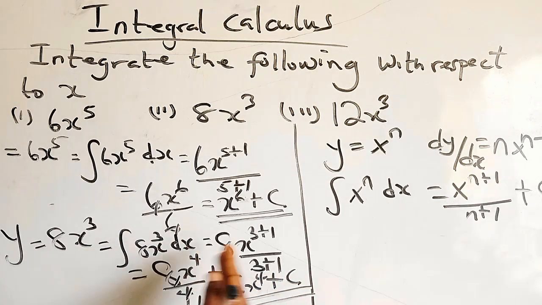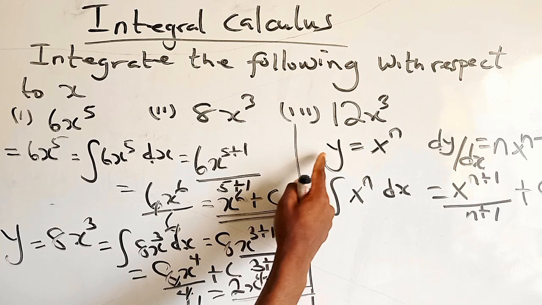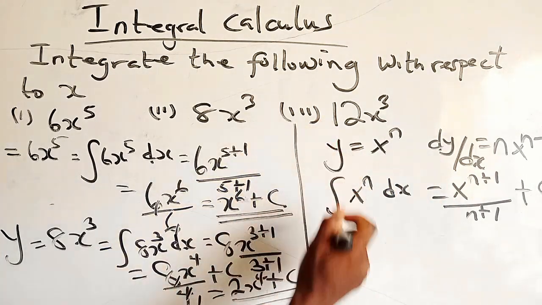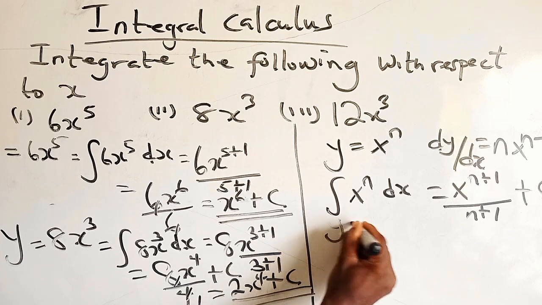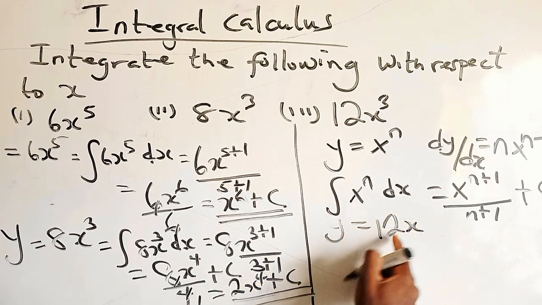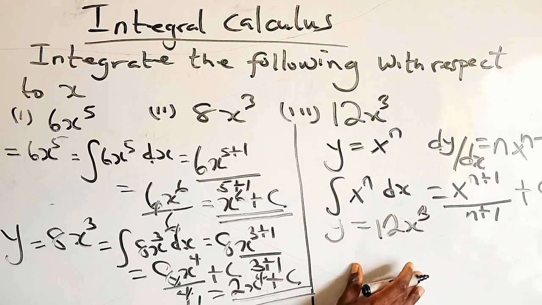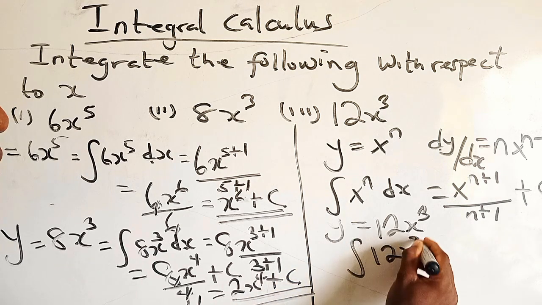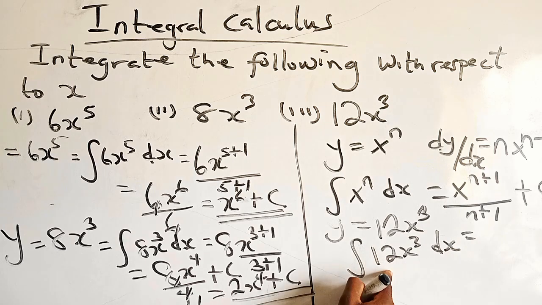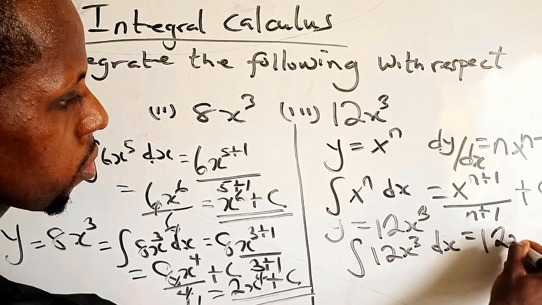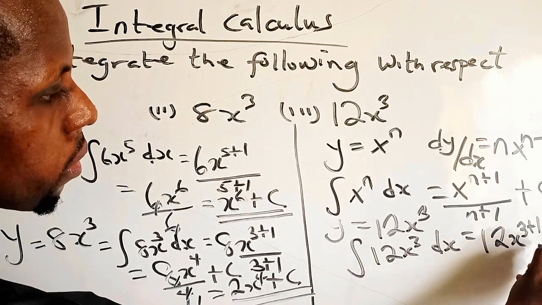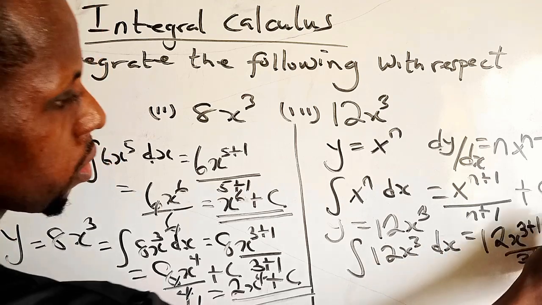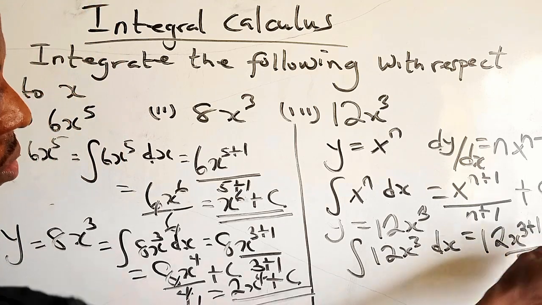So everything we are doing here, we are doing the opposite of our normal differentiation. That is integration for you. So for the third function, we have y equals 12 times x raised to power 3. To integrate this with respect to x, I have 12 times x raised to power 3 plus 1, divided by 3 plus 1, plus c, which is your constant of integration.